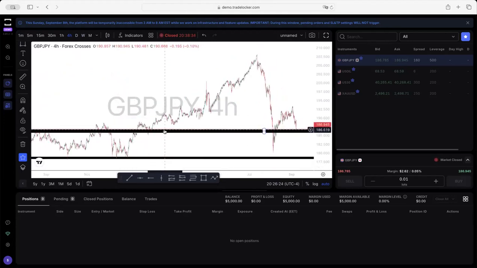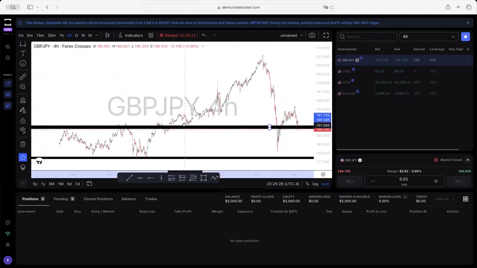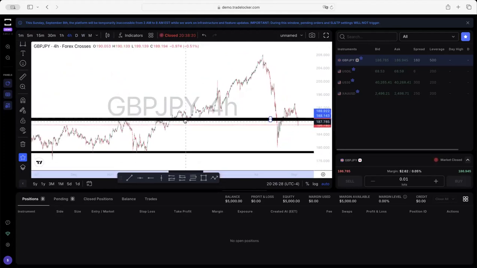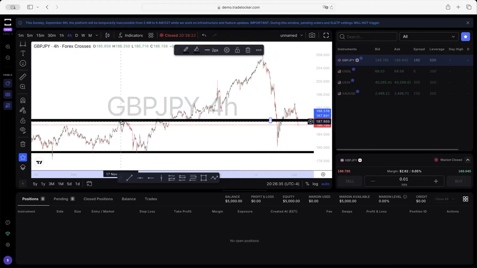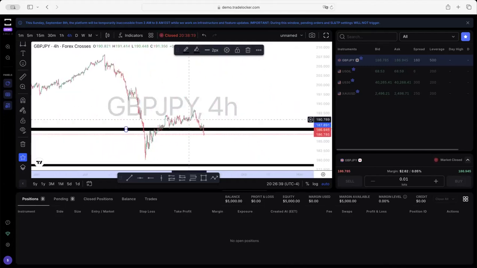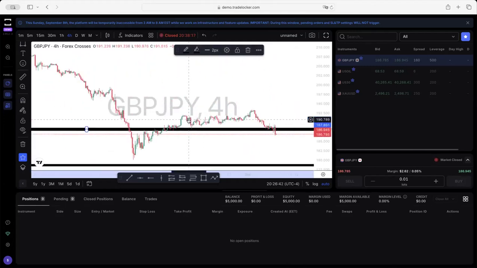Oh, well, that'll do it. So this was the zone right here. This was the zone here. Okay. Key level, key level. Okay, now it's still off, right? It's still off.